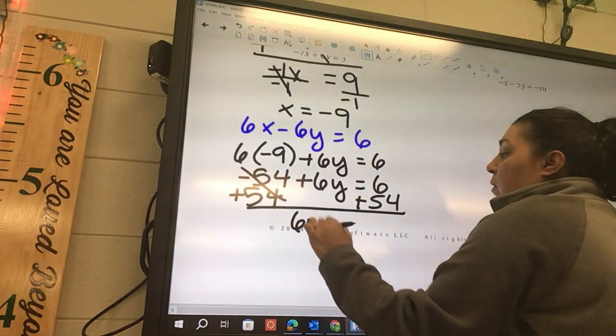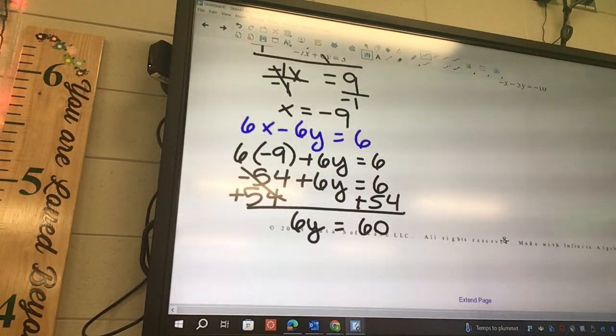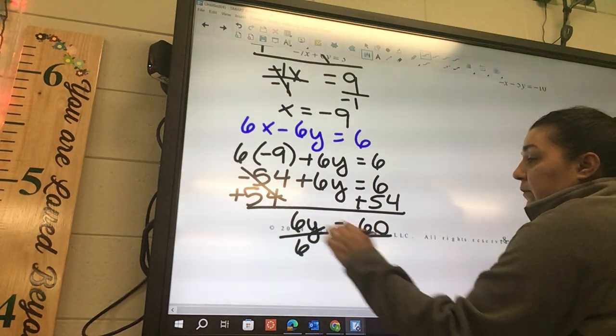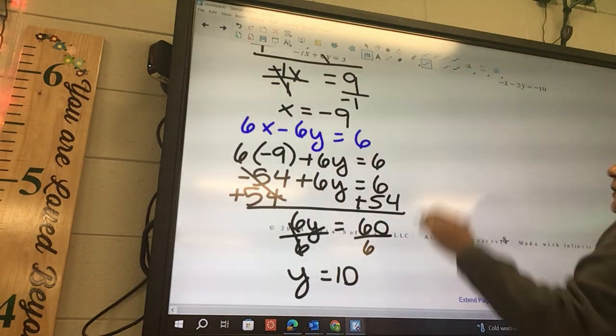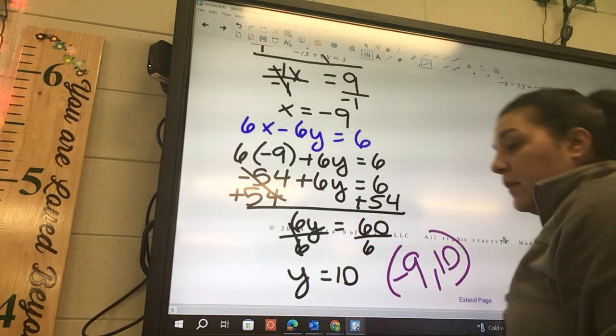Okay, so I got 6y equals 60. Divide by 6. So we get y equals 10. Okay, and then last but not least, you do have to write this as a coordinate, negative 9 comma 10.